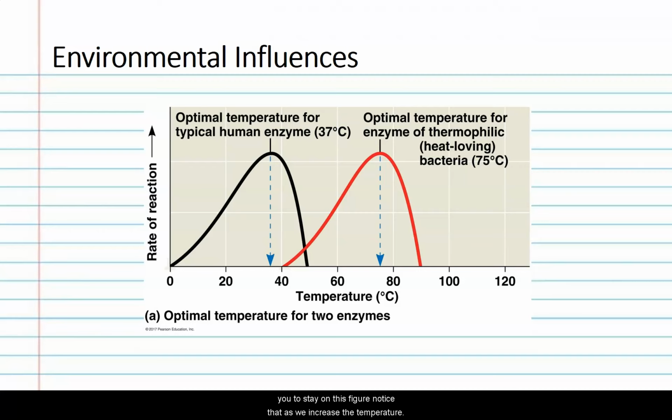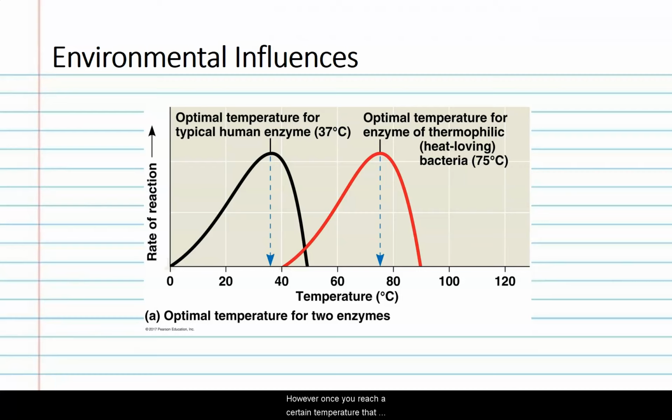Notice that as we increase the temperature, the rate of the reaction steadily increases, because again, anytime you increase temperature, that temperature can be used to overcome that activation energy barrier.